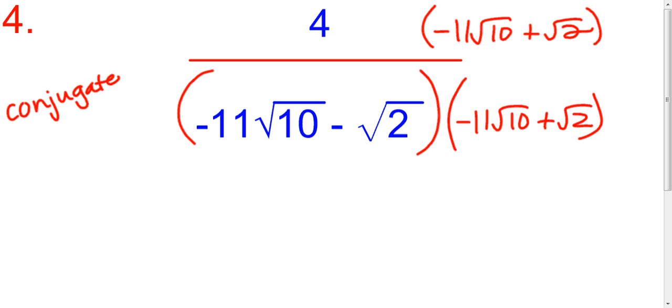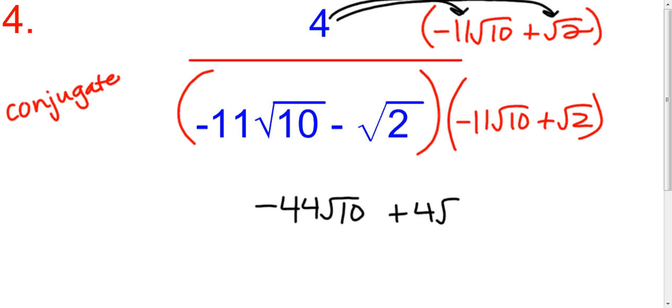So now what I get to do on the top is I get to distribute. So 4 times -11 root 10 would be -44 root 10. And 4 times root 2 would be 4 root 2. On the bottom, you get to sort of distribute this.